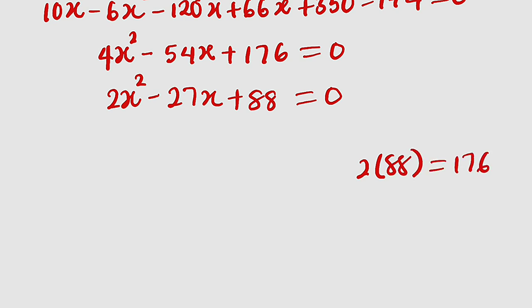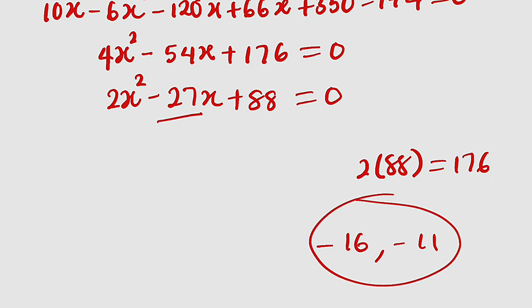Now you have to think of two numbers, which when you multiply them together, you're going to get this value right here, that is 176. But the moment you add the two numbers together, you shall obtain negative 27. And the numbers are negative 16 and negative 11. Once you multiply these two numbers together, you shall obtain this. And the moment you add them together, you shall obtain this one.